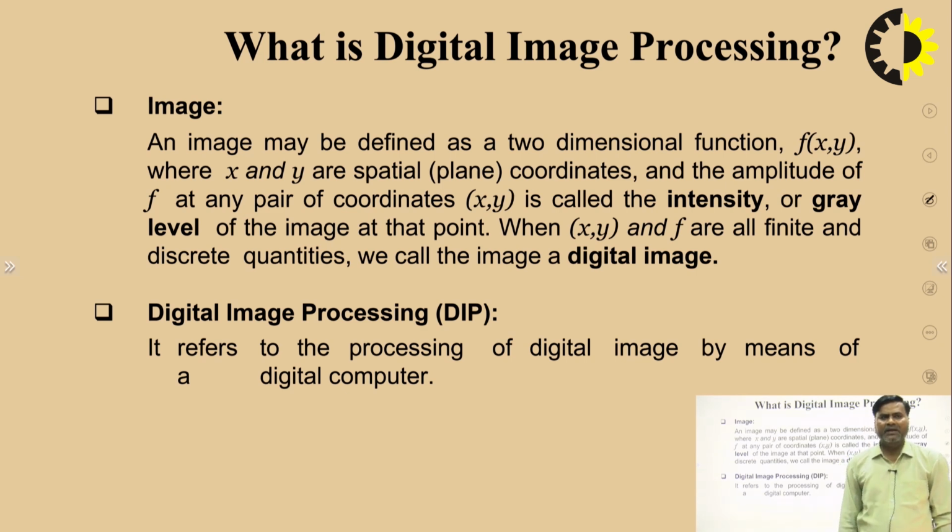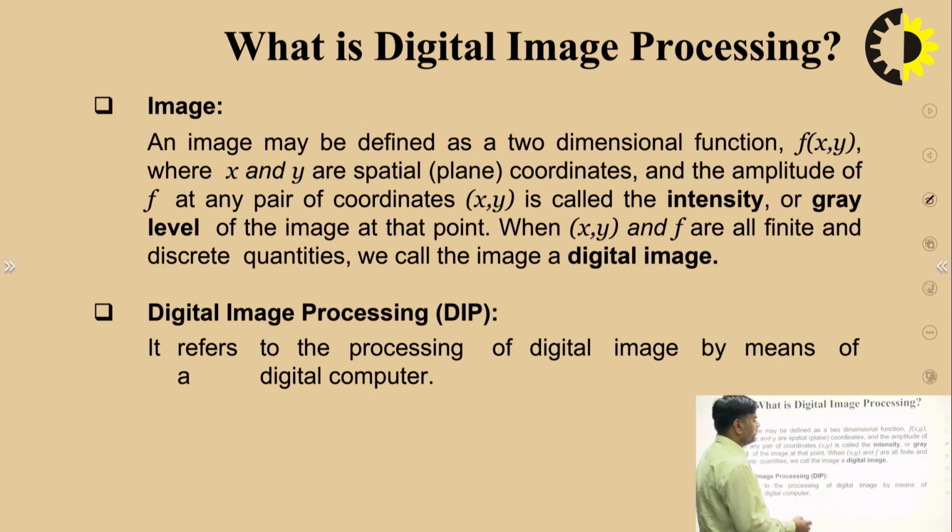When x, y and f are all finite, discrete quantities, we call it a digital image. And if we process the image with the help of a digital computer, this is called digital image processing.